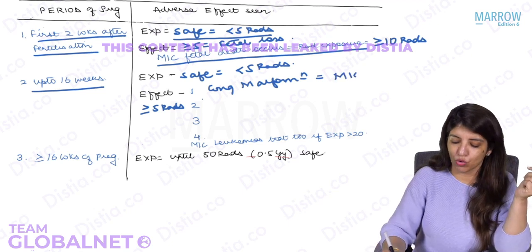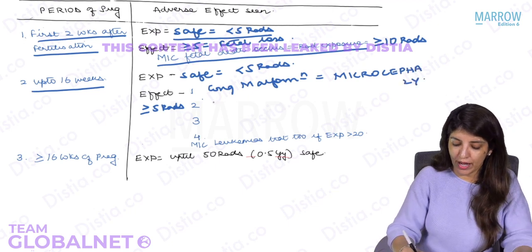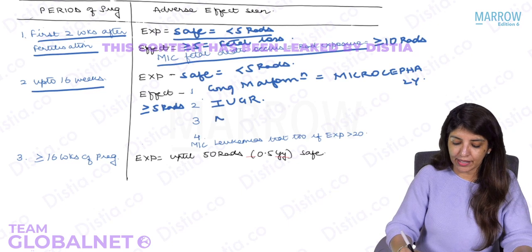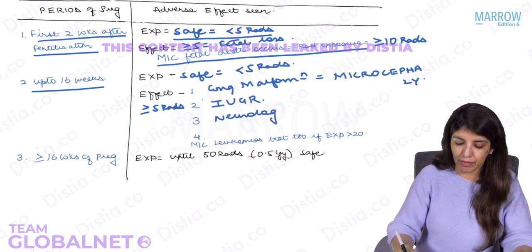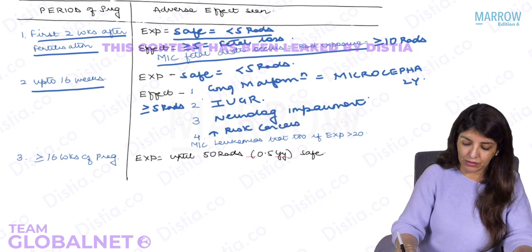It is microcephaly. Number 2, I am going to get IUGR, intrauterine growth restriction. Number 3, I can get neurological impairment. And number 4, there is increased risk of cancers.